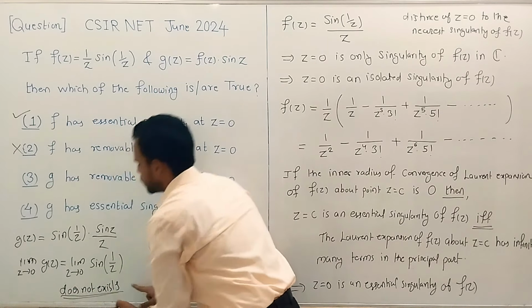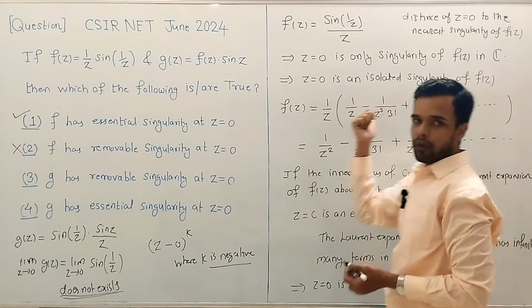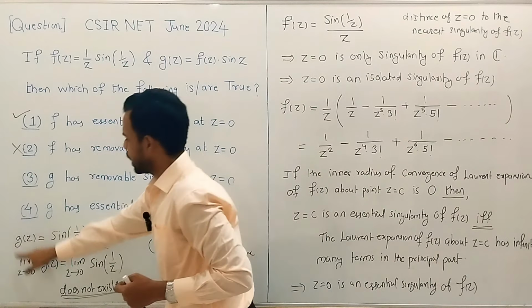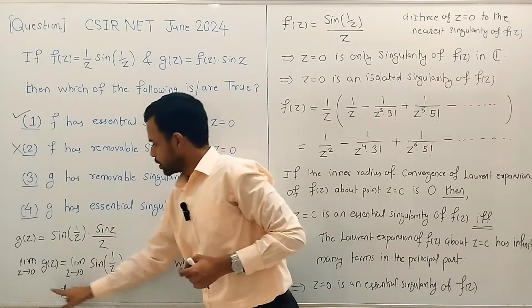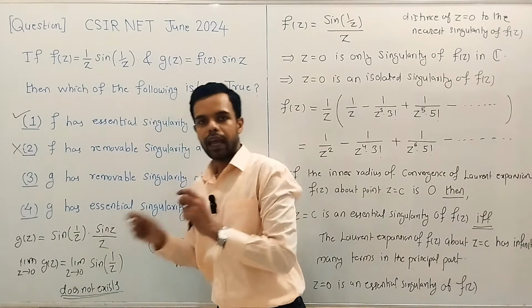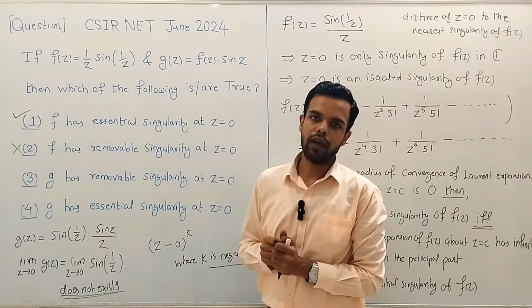And as z equals 0 is an isolated singularity of g of z also, and the limit z tends to 0 of g of z does not exist, hence z equals 0 is an essential singularity of g of z.